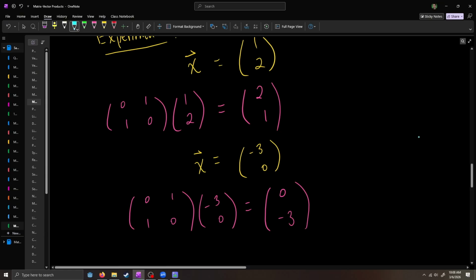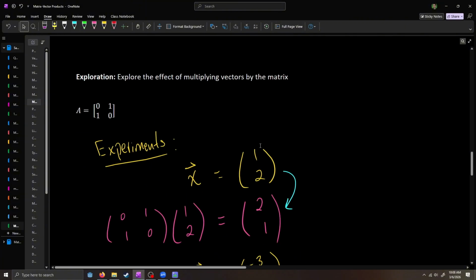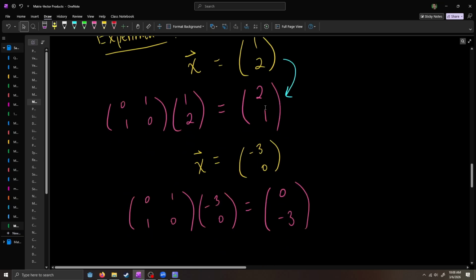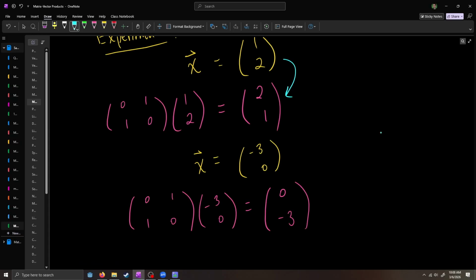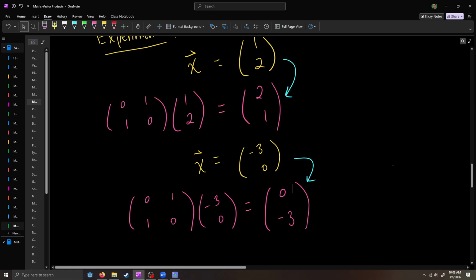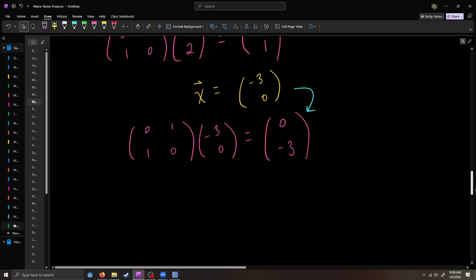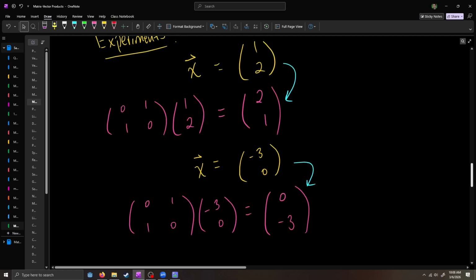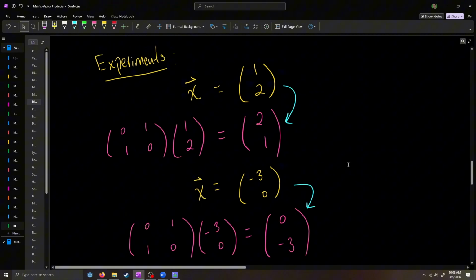So now I'm going to check to see if I have enough data to articulate what is happening here. My matrix has turned the vector 1, 2 into the vector 2, 1. My matrix has turned the vector -3, 0 into the vector 0, -3. So one of the things that I'm noticing is that it's taking the entries in the vector x and swapping them, right?